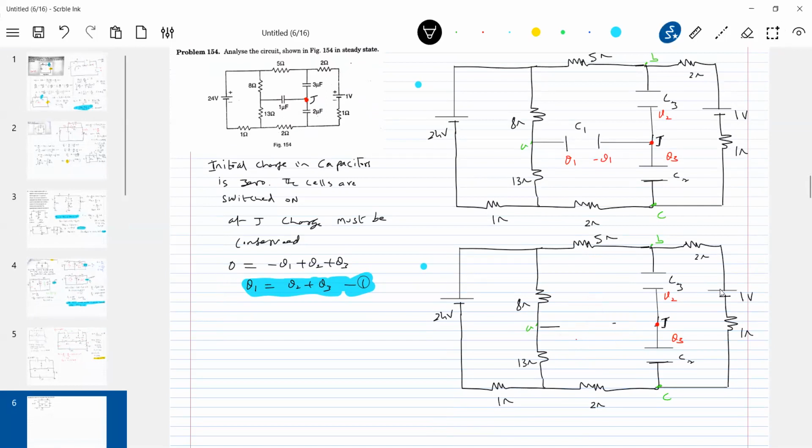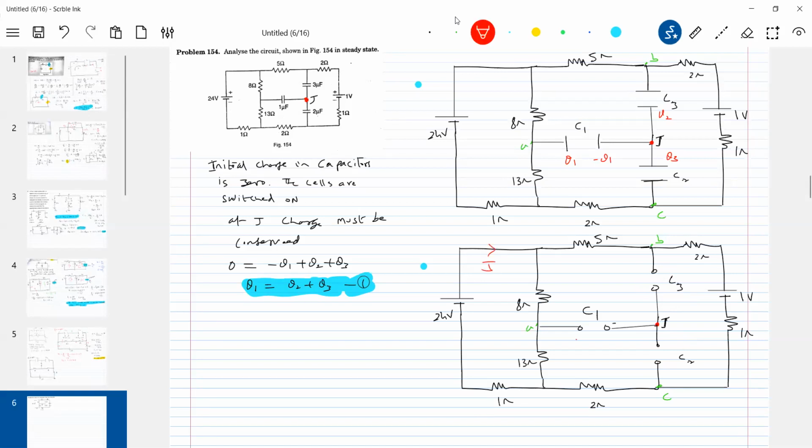So here it will be like this. Will there be any current through the capacitor branches? No current will flow through C1. So current will flow only through these two loops. Let's push the current.